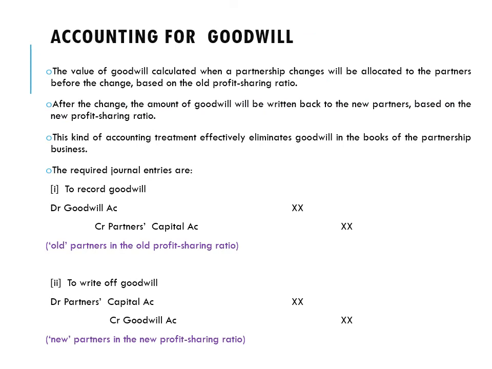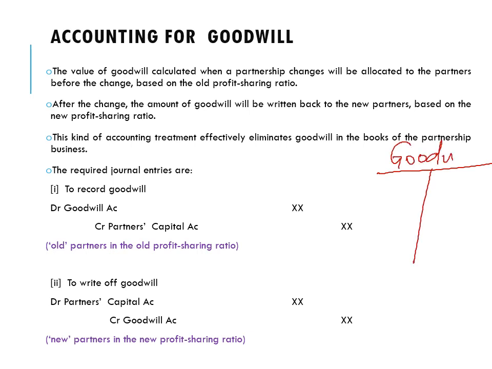You have to be aware that once you have calculated the goodwill, you're going to allocate this goodwill to the partners before the change in the partnership structure based on the old profit sharing ratios, and this goodwill will also have to be allocated to the new partners based on the new profit sharing ratios. So you will have to open a T account, which is goodwill.